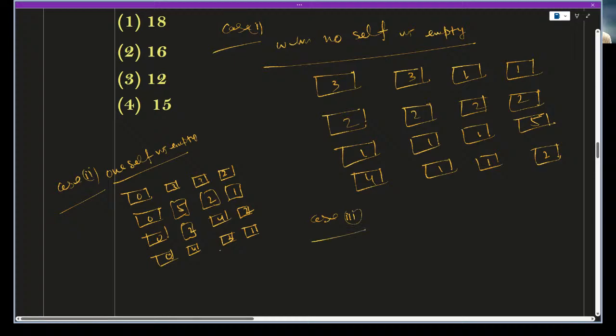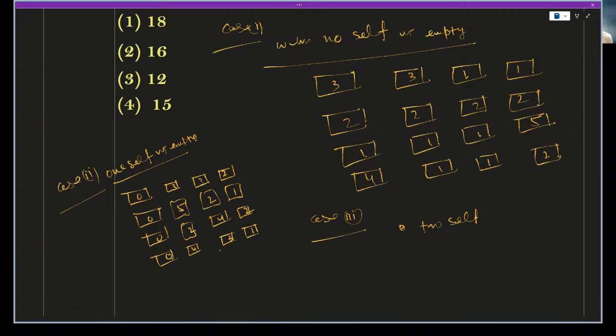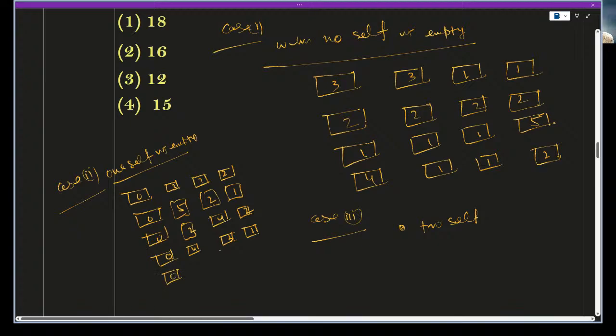Case 3 will be when 2 cells are empty. 0 6 1 1. Let me count. This is 5. This one 4.